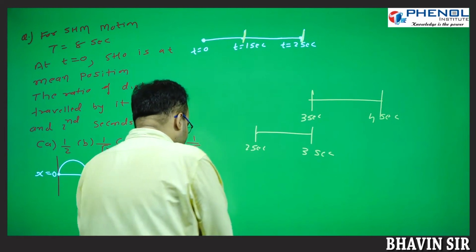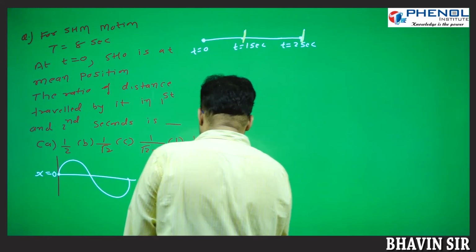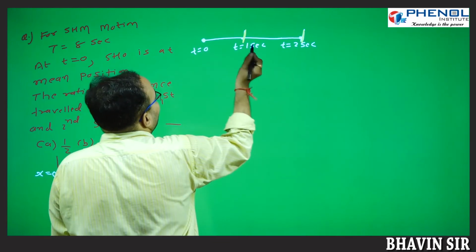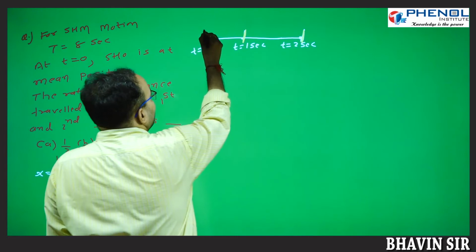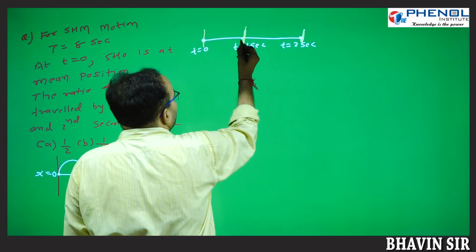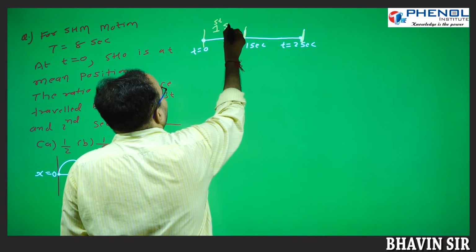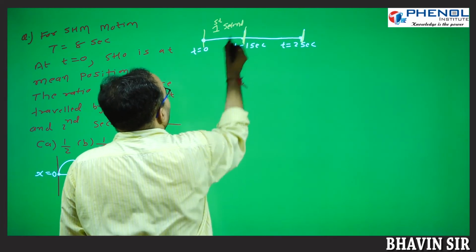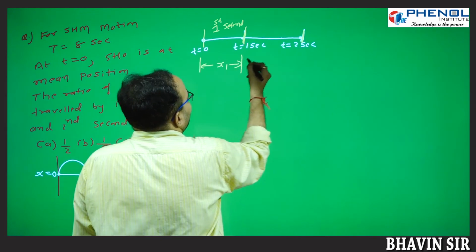But our students, see, so this is our two distances. We want to find the ratio of these two distances. This is what? Distance travel in first second. So it is x1 students. In this you just write the formula and x1 will be obtained.